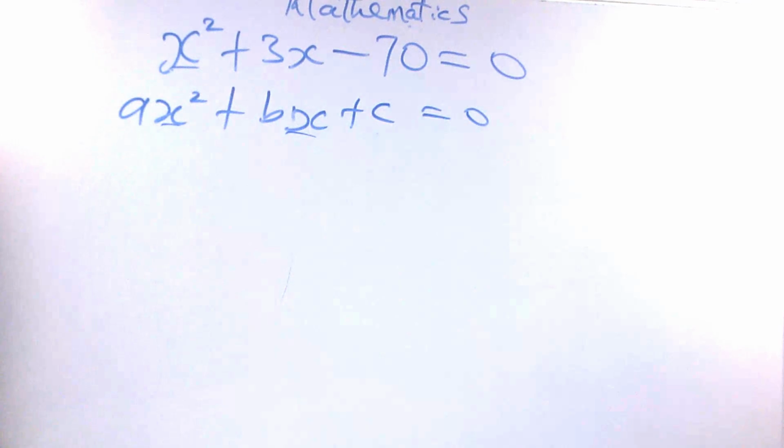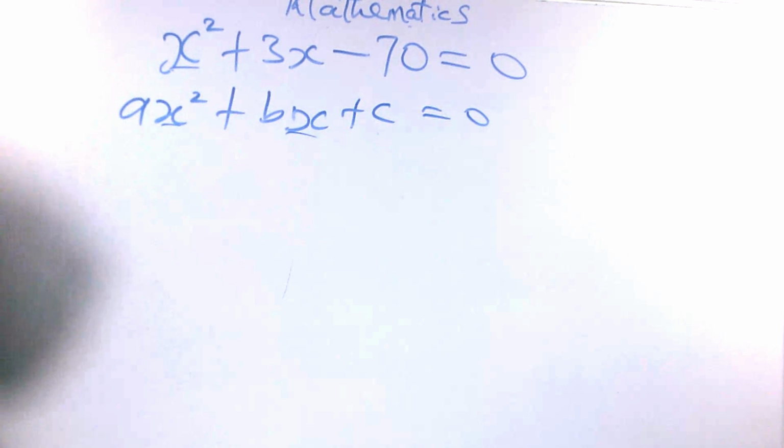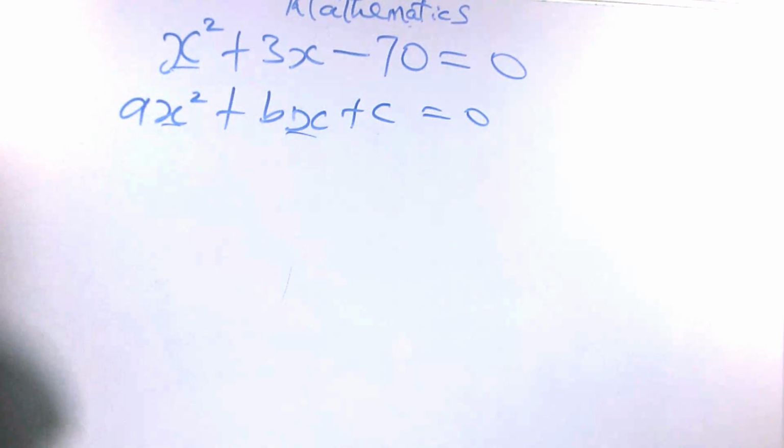So we are going to use any of the methods of solving a quadratic equation. You can use the factorization method, completing the square, or the quadratic formula. So I'm going to use the quadratic formula.